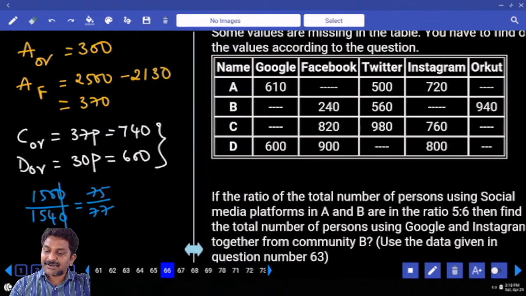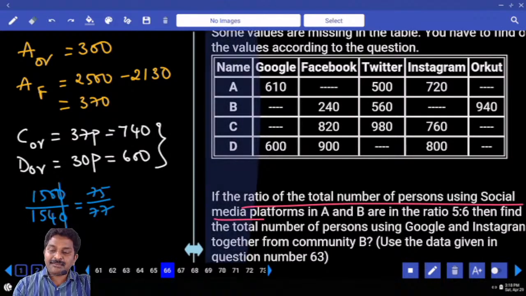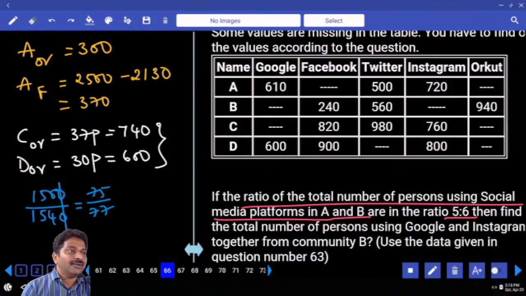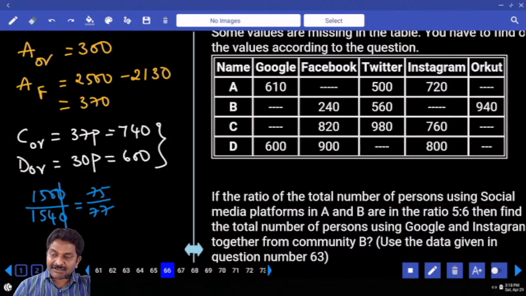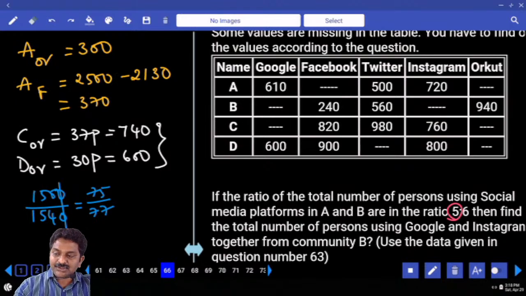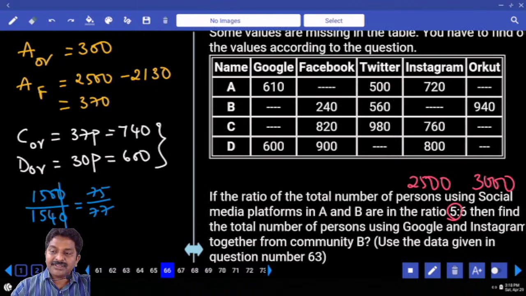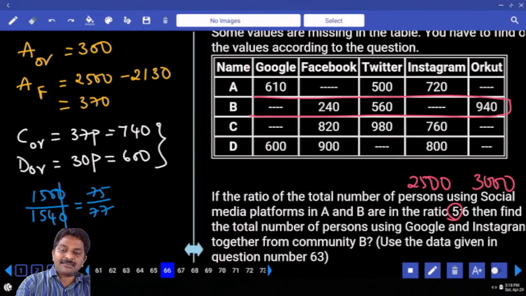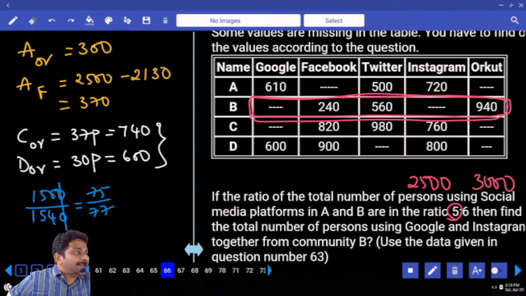Ratio of total number of persons using social media platforms in A and B are in the ratio 5:6. That means A, it is 5 parts only. A value is 2500. If it is 2500, 6 parts must be 3000. 3000 value is equal to sum of these 5 values only. Out of these 5, which 2 are missing? Google and Instagram.